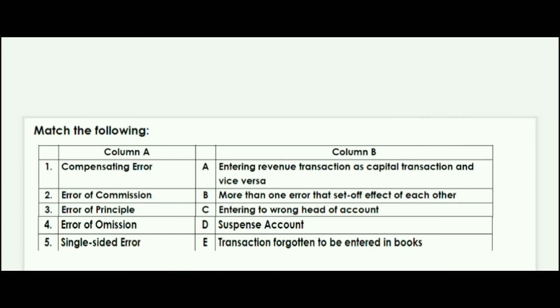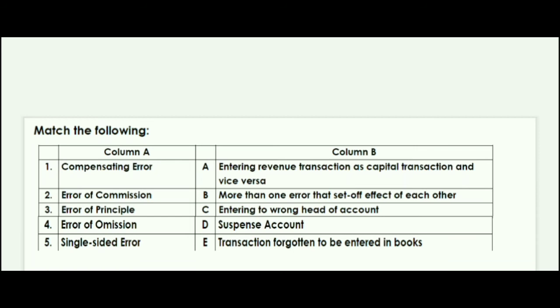Can you please judge? Well, the first is compensating error. The answer for compensating error will be B, more than one error that set off the effect of each other, so we have to compensate it. Next is error of commission. Error of commission will be entering to wrong head of account.